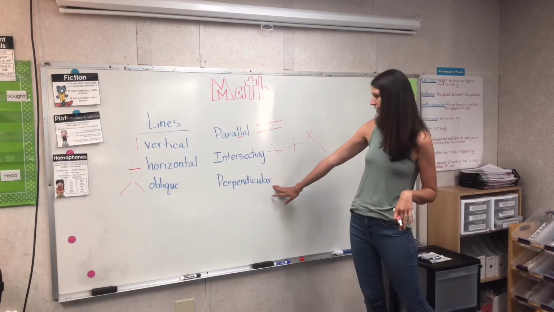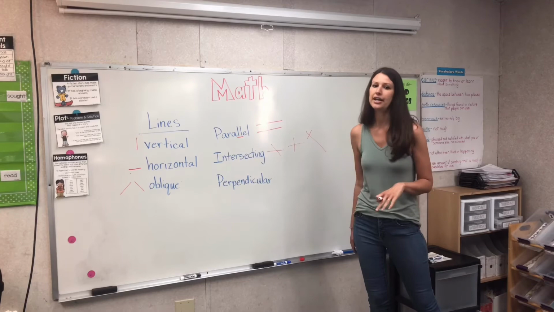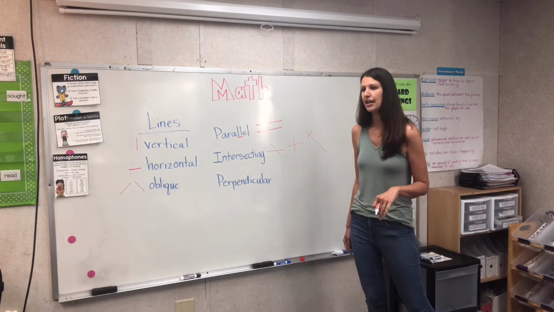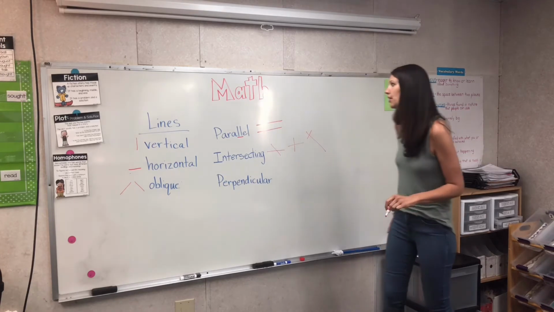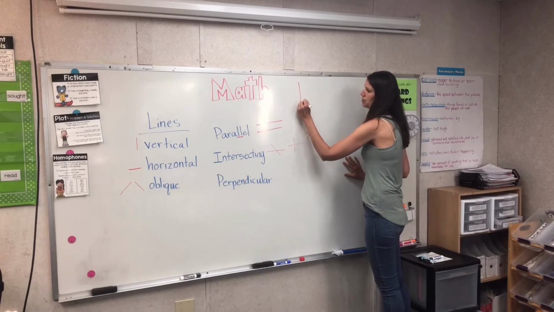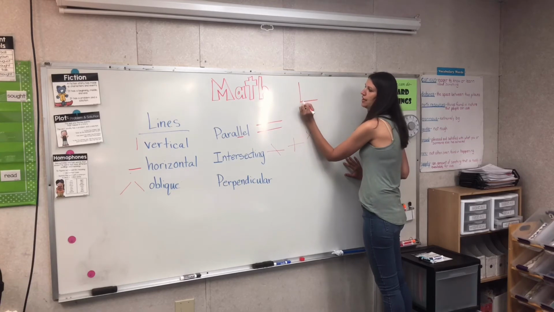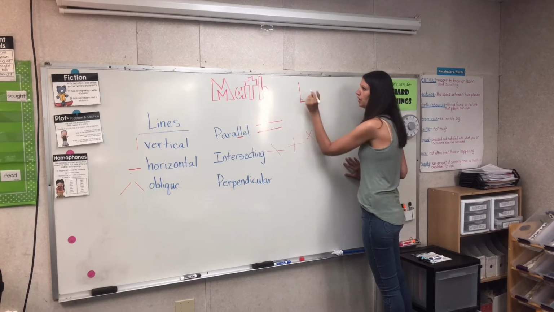Perpendicular lines are a type of intersecting line, and they are two lines that cross each other and form a right angle. So if you guys remember working on right angles, we worked on right angles when we talked about different shapes, and it's when the corner of where the two lines meet makes a perfect square, and we draw that little square in the corner.